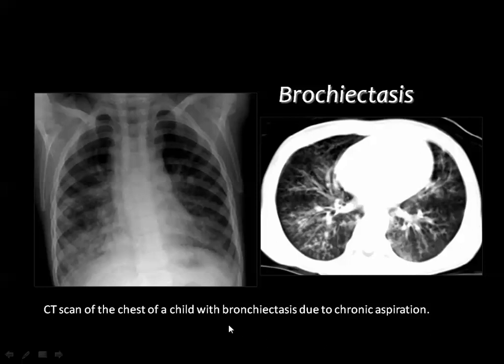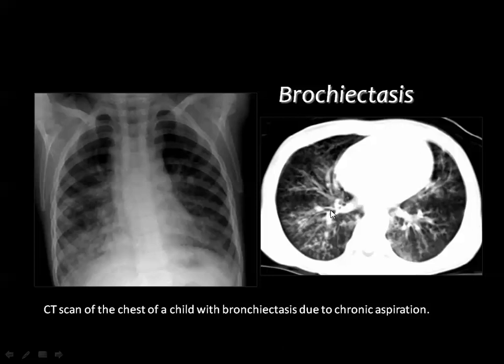But nowadays, you know that we can diagnose bronchiectasis easily by CT scan, and I know from my colleagues who perform ultrasound of the chest that the diagnosis of bronchiectasis is also easy by ultrasound.